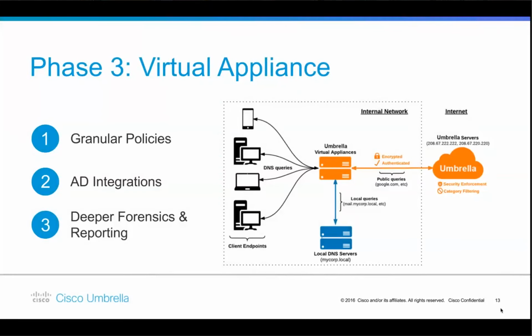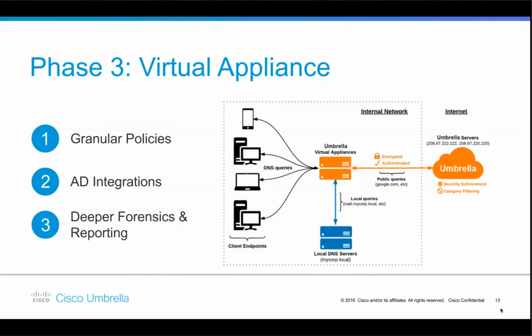And then typically the third phase is the virtual appliance. Some people start this as the second phase. It's again up to you and where you are with everything. What the virtual appliance does, it's almost like a giant roaming client. It acts like a conditional DNS forwarder.